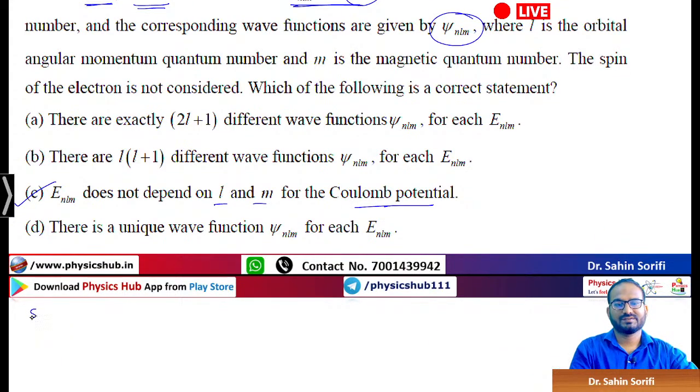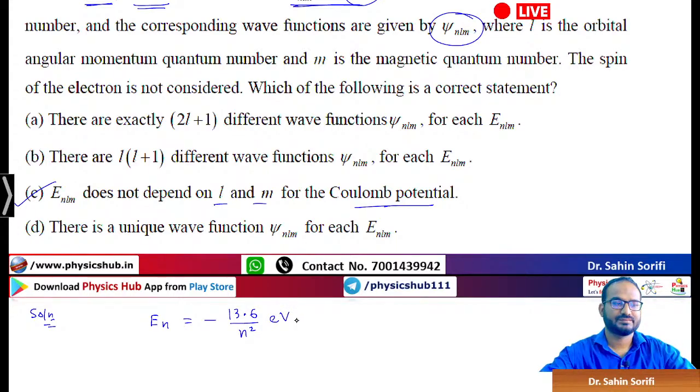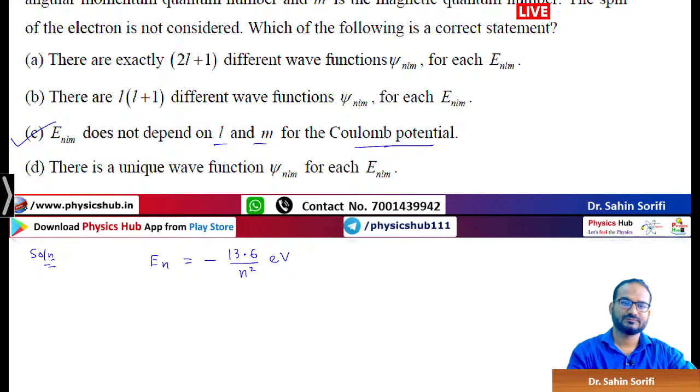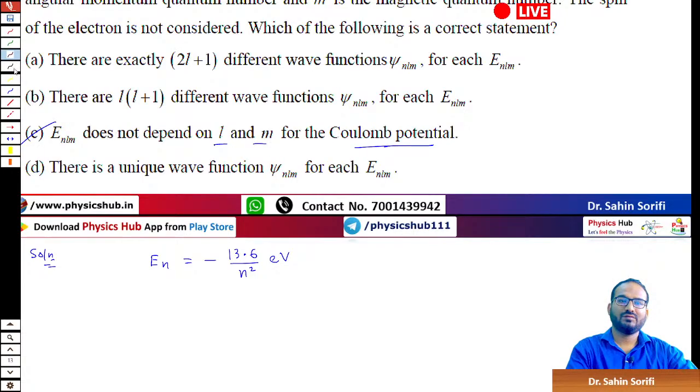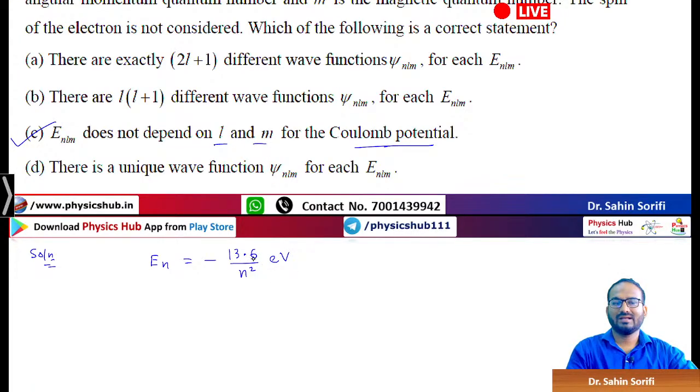So write the explanation. The explanation is quite interesting. We know En equals minus 13.6 by n square electron volt. Now why does it have degeneracy of n square? It is not unique, right? Psi n l m for each n l m, how is it unique?